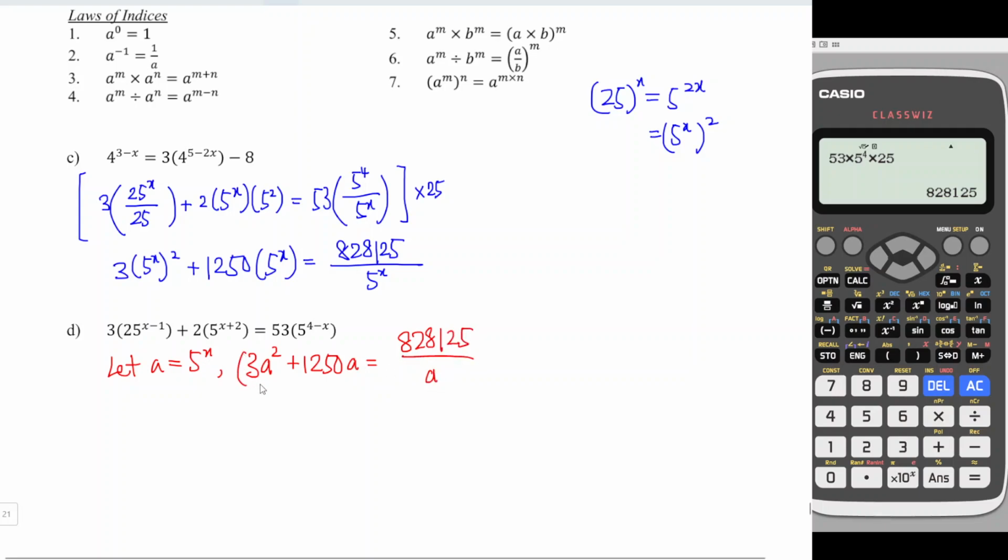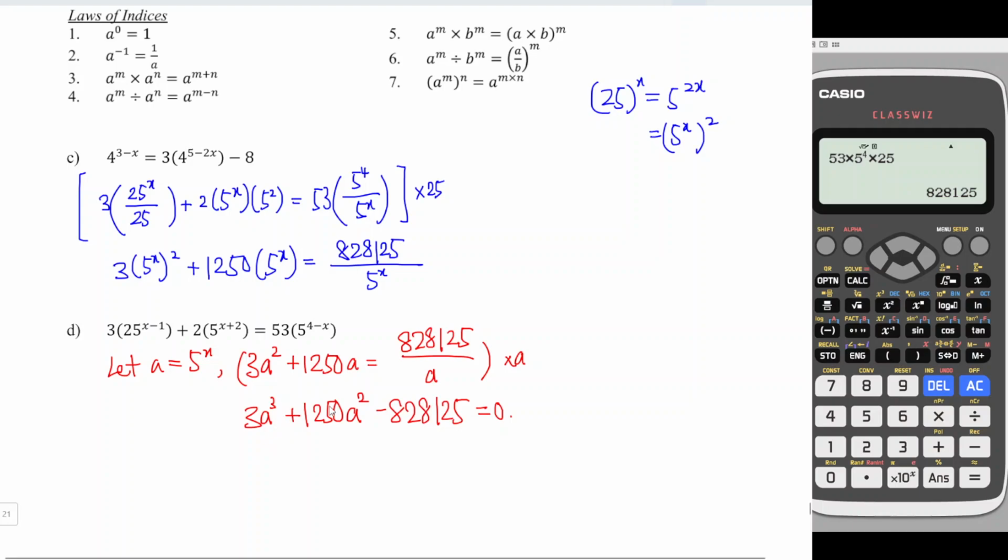So the whole thing we times a, and we obtain 3a cubed plus 1250a squared minus 828,125 is equal to 0. So from here we can see that this is a cubic function.